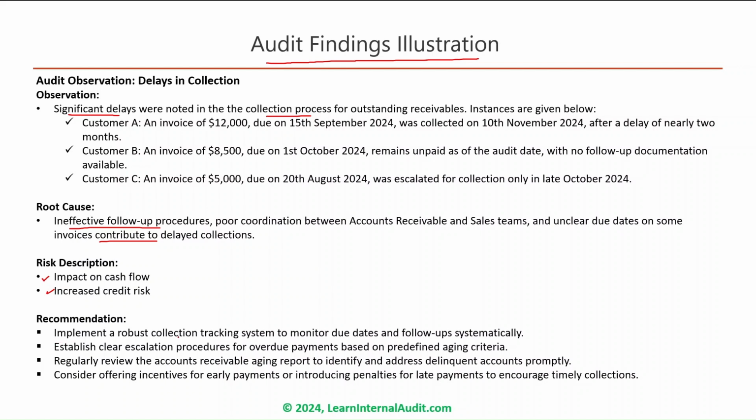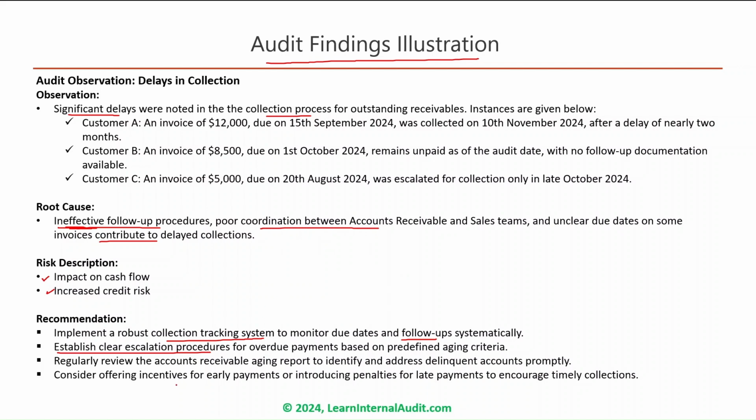Implement a robust collection tracking system to monitor due dates and follow up systematically. Okay, now this is coming because there was an ineffective follow up procedure. So we are recommending a tracking system. Establish clear escalation procedures for overdue payments based on predefined aging criteria. This is again because of poor coordination and ineffective follow-up.